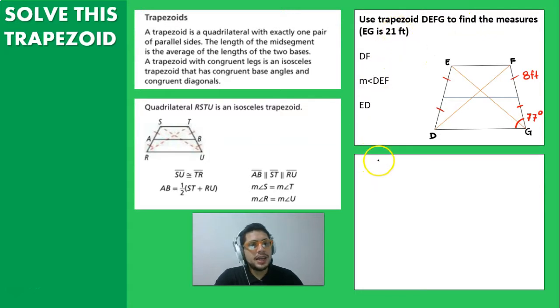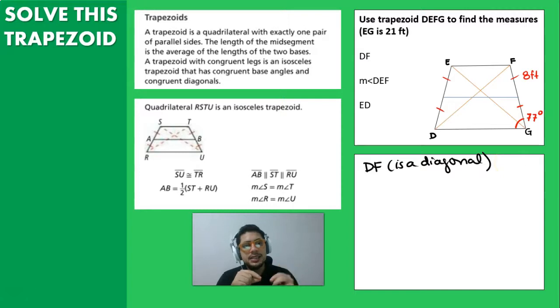Okay guys, so let's get started. The first thing that they are asking us is DF. As you can see, DF is a diagonal. And this is an isosceles trapezoid because ED and FG are congruent.